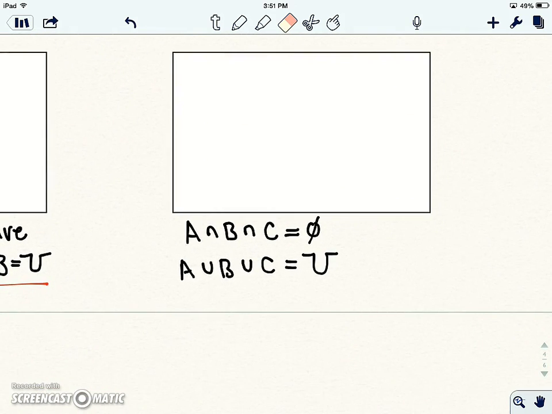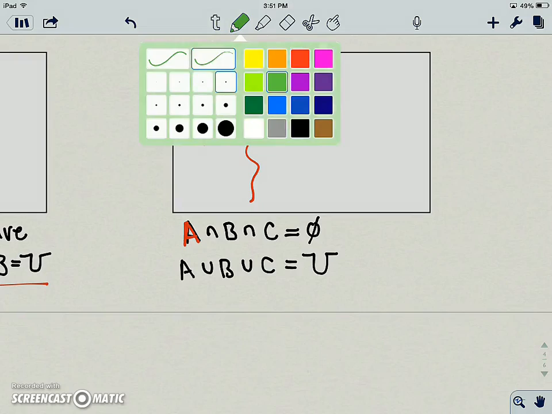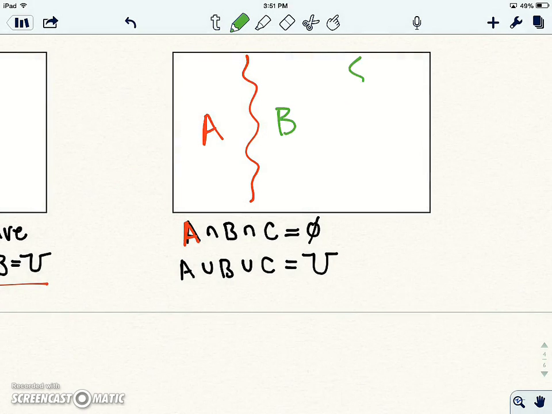And lastly, this is also disjoint and exhaustive, but we could have 3 separate ones. So we could have some set A, some set B, maybe it's bigger than A, has more numbers in it, and some set C. And again, they never intersect, but if you put them all together, you get the whole universe.